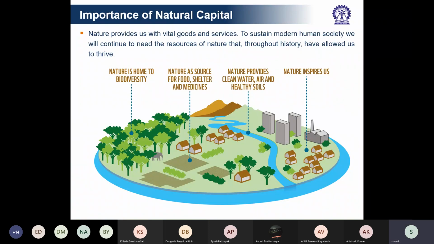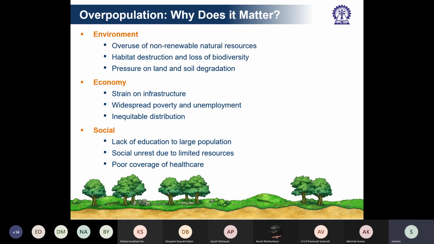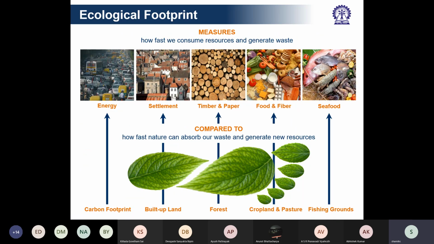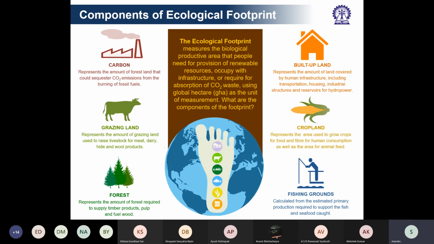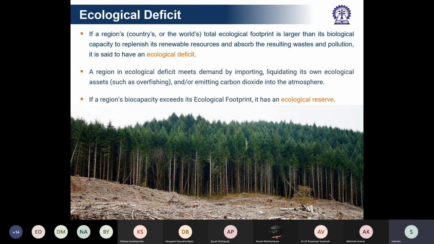Then we learned about the importance of natural capital, and then we started learning how overpopulation impacts the environment, especially with respect to the tragedy of the commons. Then we learned about ecological footprint, what are the components of ecological footprint, what is biocapacity, what is bioproductivity, what is ecological deficit, what is ecological reserve.